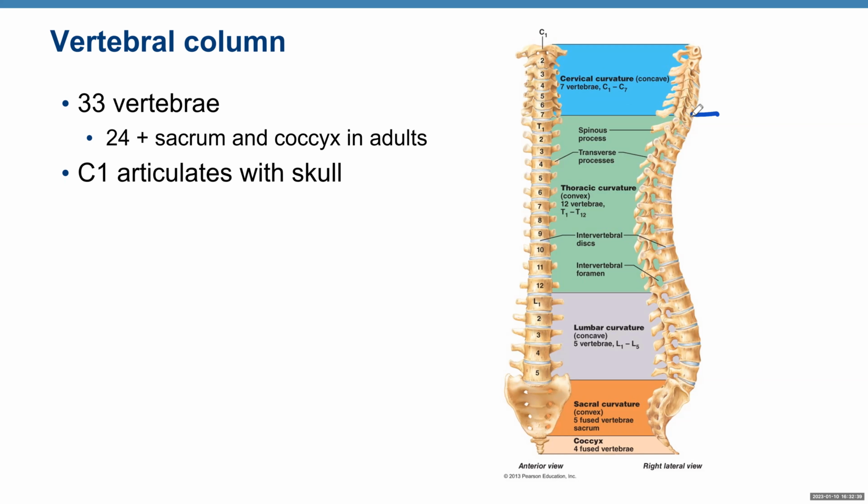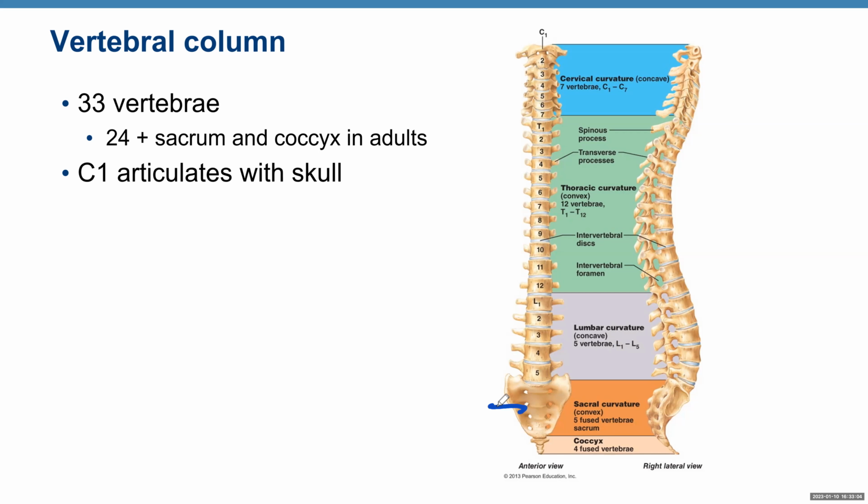Then we're moving to the thoracic region, and those vertebrae are abbreviated with the letter T, T1 through T12. So 12 thoracic vertebrae. Then you're moving to lumbar, and you have 5 lumbar, L1 through L5. So L1, L2, L3, L4, and L5.